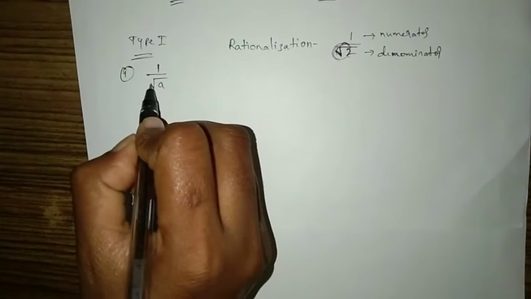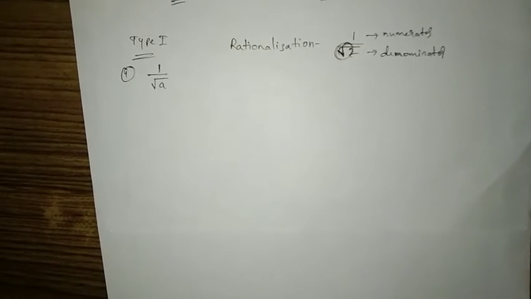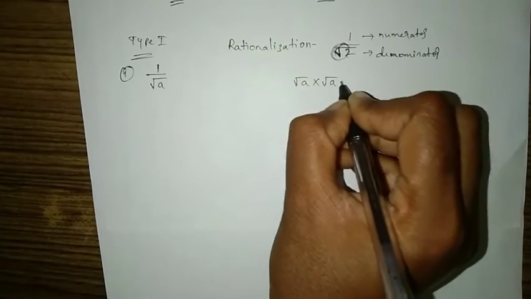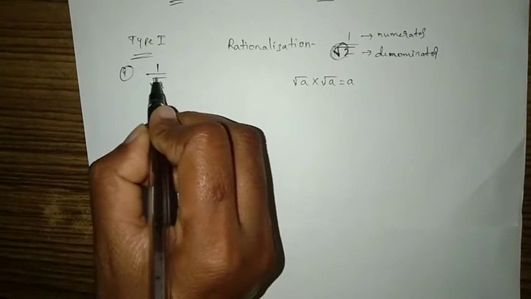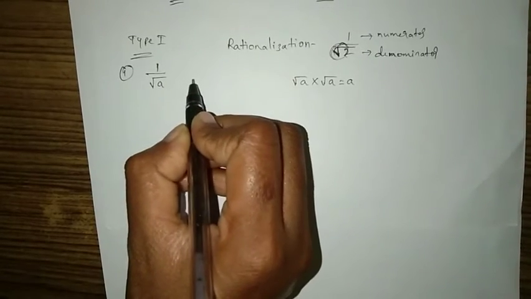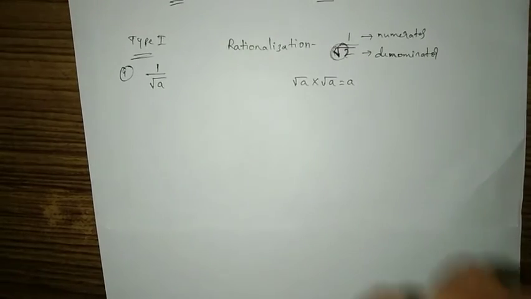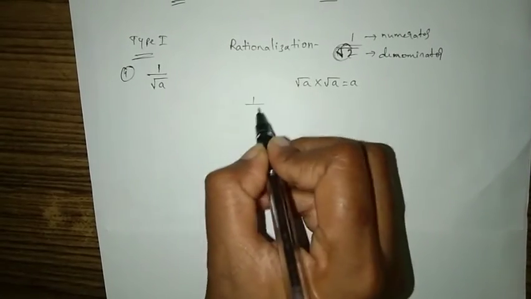How can we eliminate root a in the denominator? So the given 1 by root a, how can we eliminate that? You have to think. Actually, we know that root a into root a is equal to a. Very good. If you multiply this root a by root a, we get a. That's what we actually want to do, right? So how can we do that? Let's take 1 by root a.